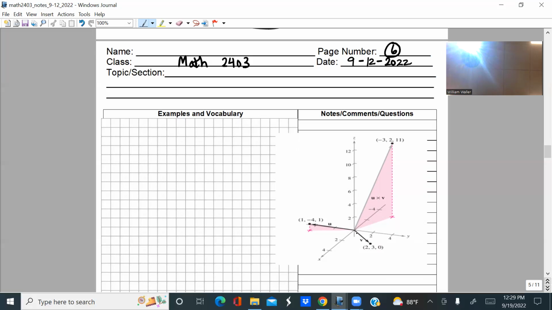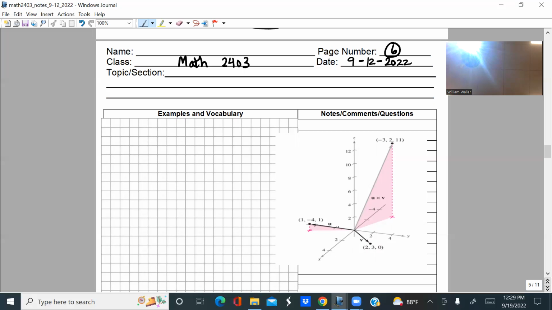And so there's only one plane, one flat surface, that contains these two vectors u and v. It's not the xy plane, okay? It's a slightly tilted plane that contains these two vectors u and v. And notice that this cross product vector is going to be perpendicular to that plane, the plane that contains these two vectors, all right? That's going to be a very important observation to us in the future.